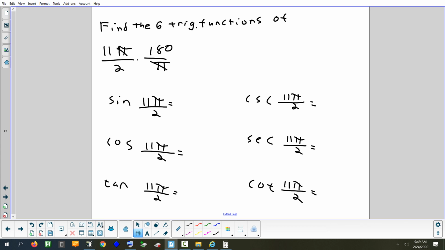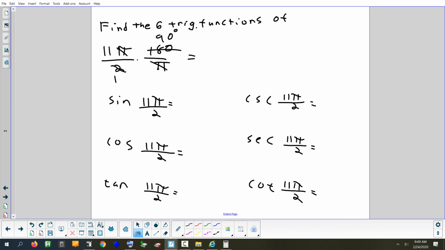So that's going to cancel the pi's. And if you reduce 2 into 180, you're going to make this problem a lot easier to do in your head. 2 goes into itself once. And how many times does 2 go into 180? 90.